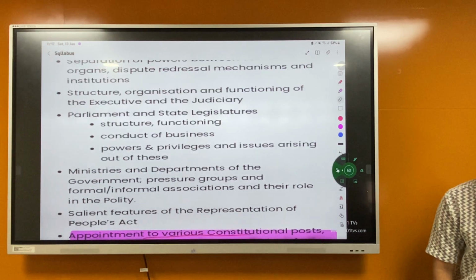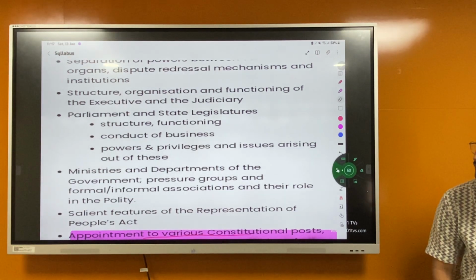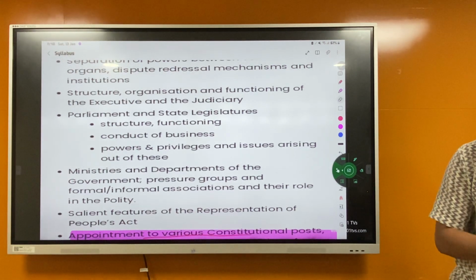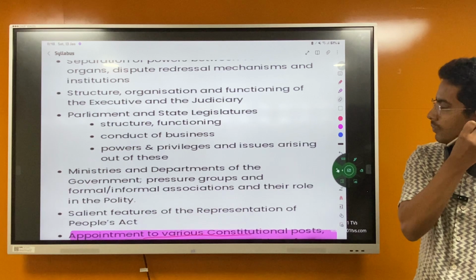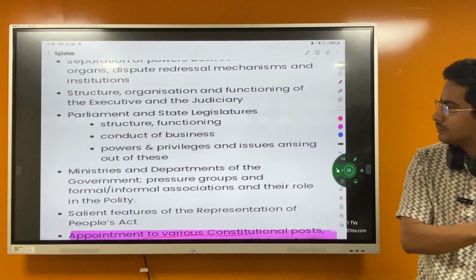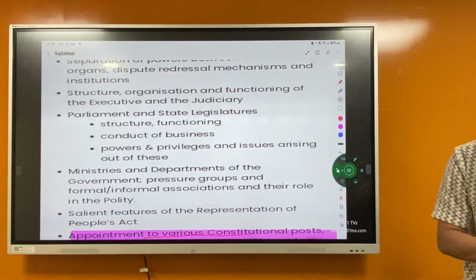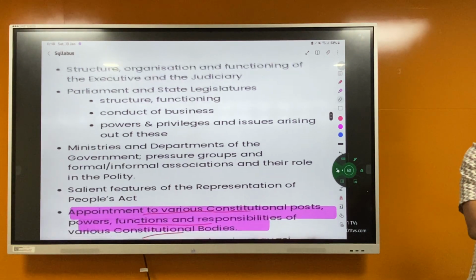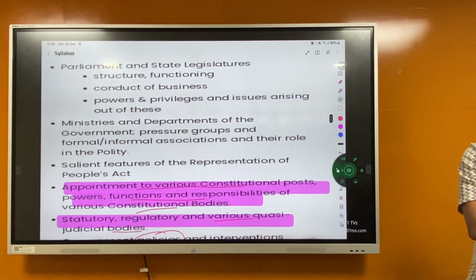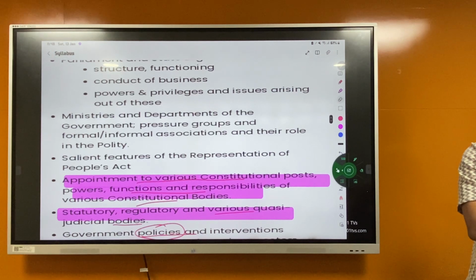Done till here, parliament and state legislature. Next, ministries and departments of the government, comma, pressure group and formal informal association and their role in polity.